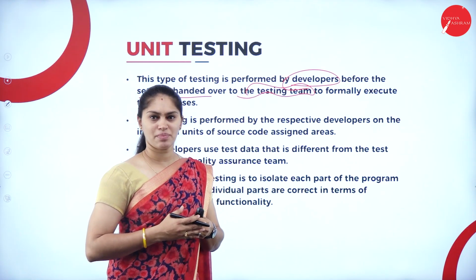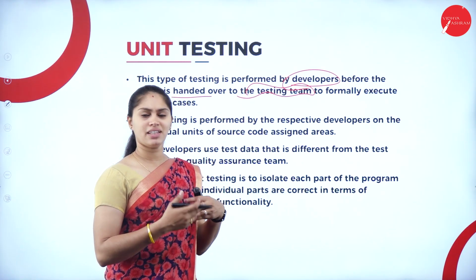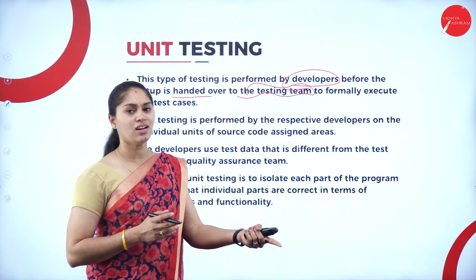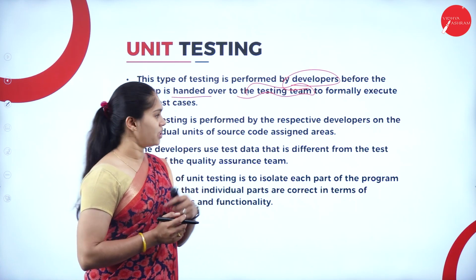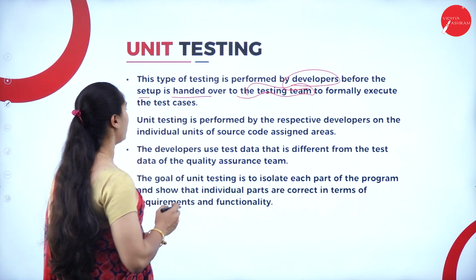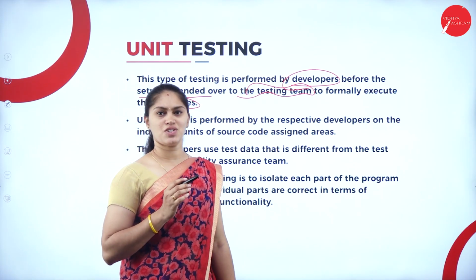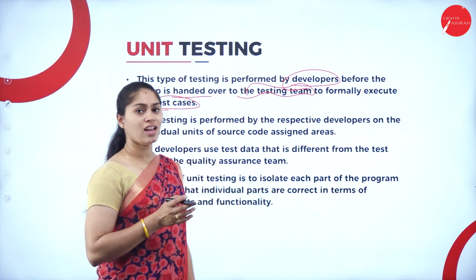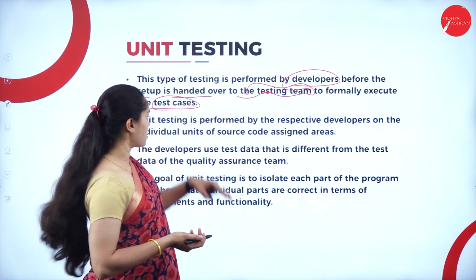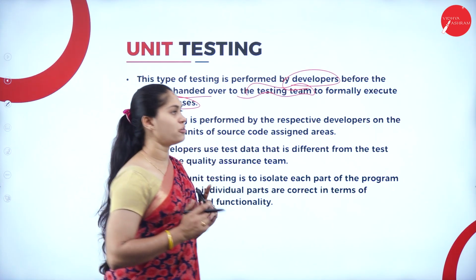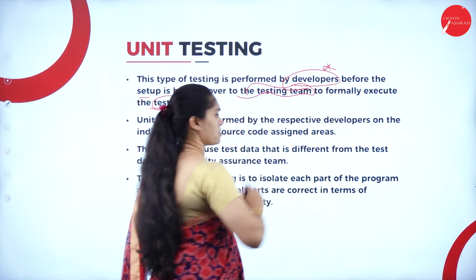Will it work as per the requirement of a customer? Everything is checked by the developer before it is handed over to the testing team to formally execute the test cases. Once they know the specification and its test cases, they will check against those test cases whether it is working properly or not. So this is done by the developers, remember.